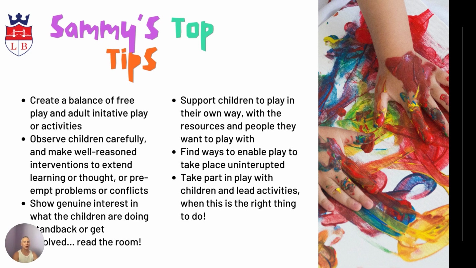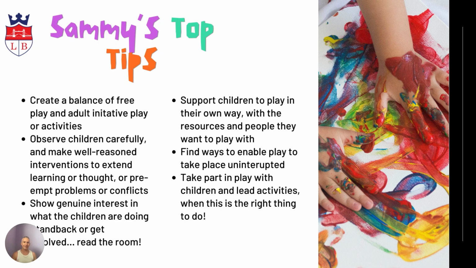Top tip number 2 is observe children carefully. And when I say observe, I mean really observe. Watch what they're doing, watch what they're saying, watch how they move, watch how they interact, watch how they access resources in the space.